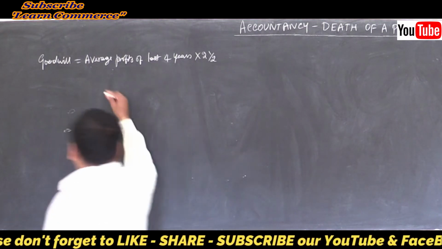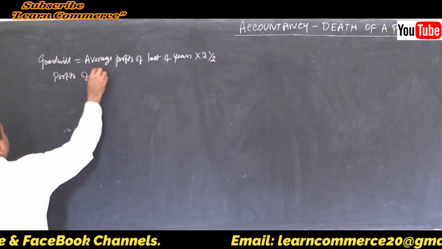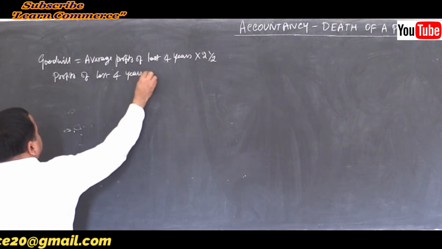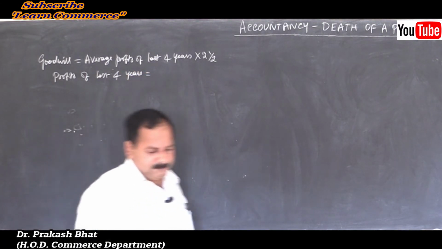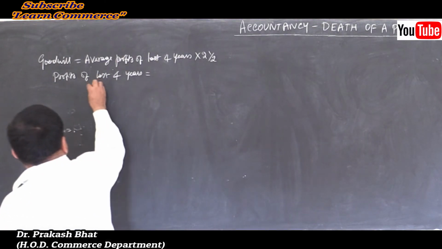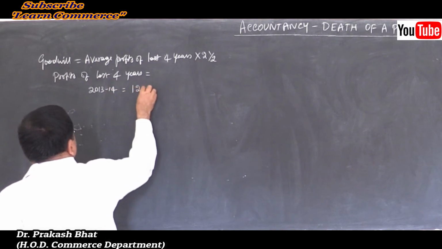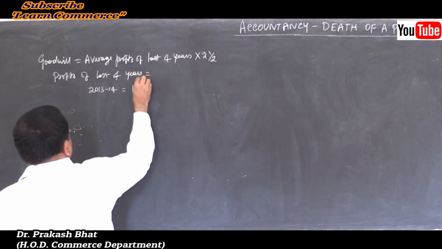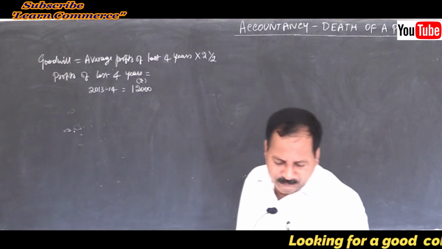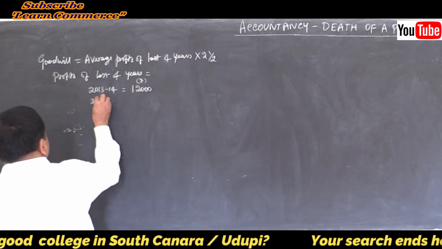Now, profits of last 4 years is equal to, write the years, 13, 14, right? 13, 14. How much? 12,000 rupees. Then 14, 15, 20,000.